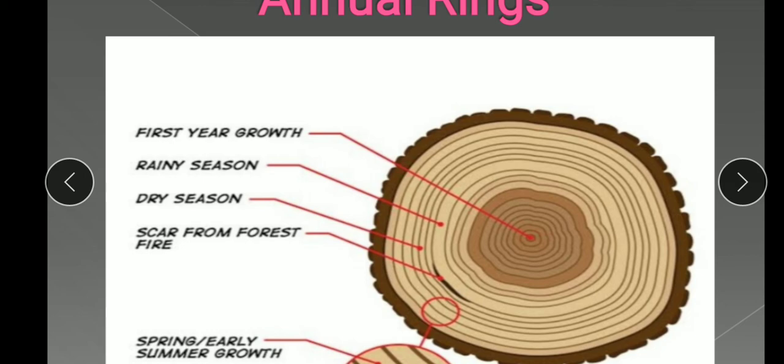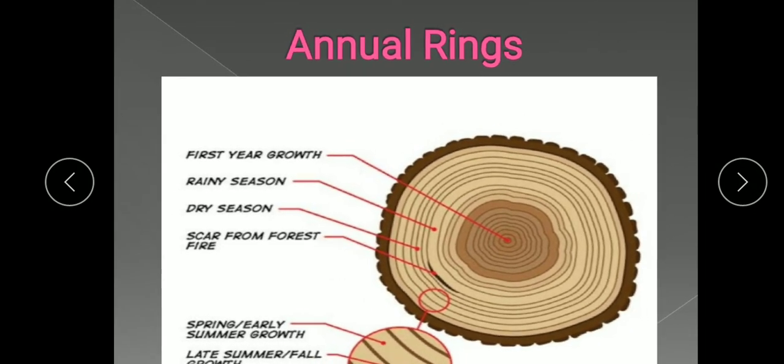This method in which the age of the tree is determined by counting the annual rings is known as dendrochronology. This branch of science in which the age of the tree is determined with the help of counting the annual rings is known as dendrochronology.